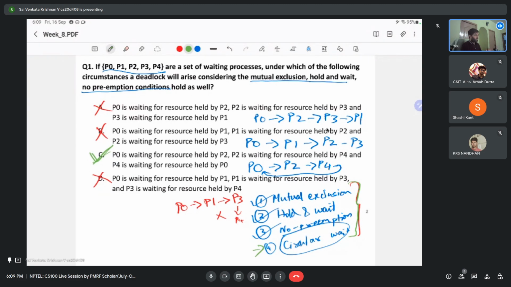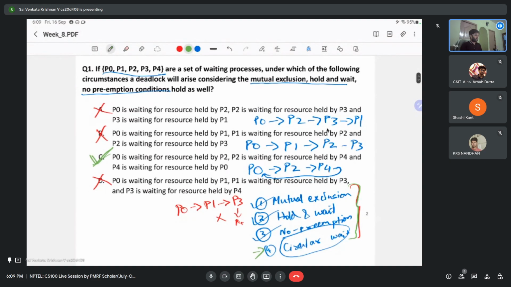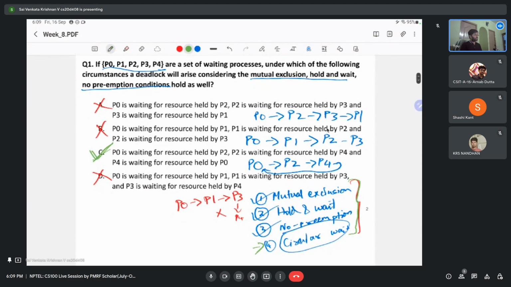They have just explained the scenarios in sentences, like P0 is waiting for P2, but they have not given the key term circular wait. So you should know these four conditions so that you will be able to answer this question. Okay, any doubts in this question? If not, then we will move to the second question.